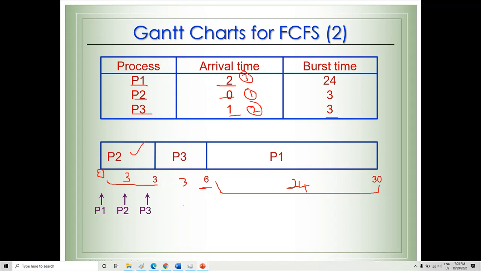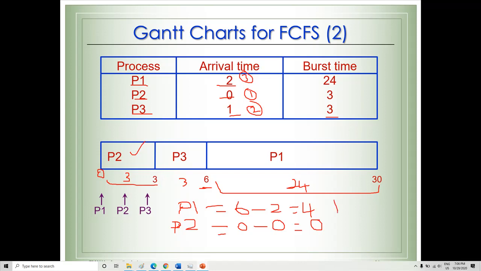Now let's calculate the waiting time. Process 1 is getting the CPU at 6 milliseconds, 6 minus arrival time 2, so 4 is the waiting time. Process 2 is getting the CPU at 0 millisecond, its arrival time is 0, so its waiting time is 0.